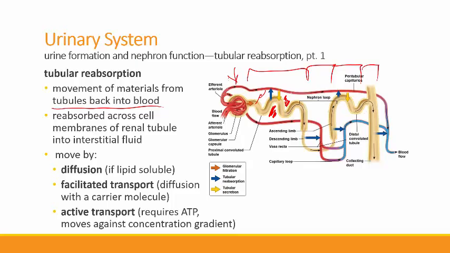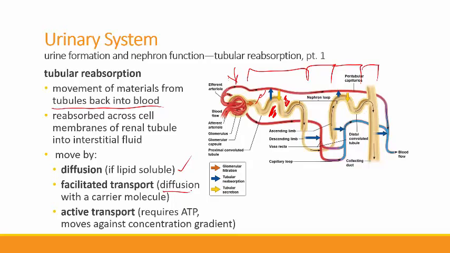The first is if the material can pass right through lipids. If it dissolves in lipids, then it will just move down the concentration gradient by simple diffusion. But that's only if the material can dissolve in lipids. The second way is that we use facilitated diffusion. So again, there's that term diffusion here.